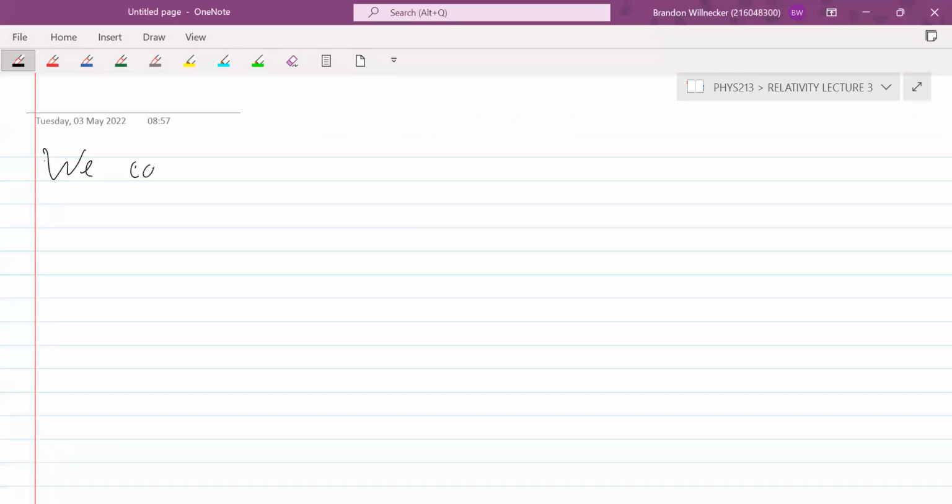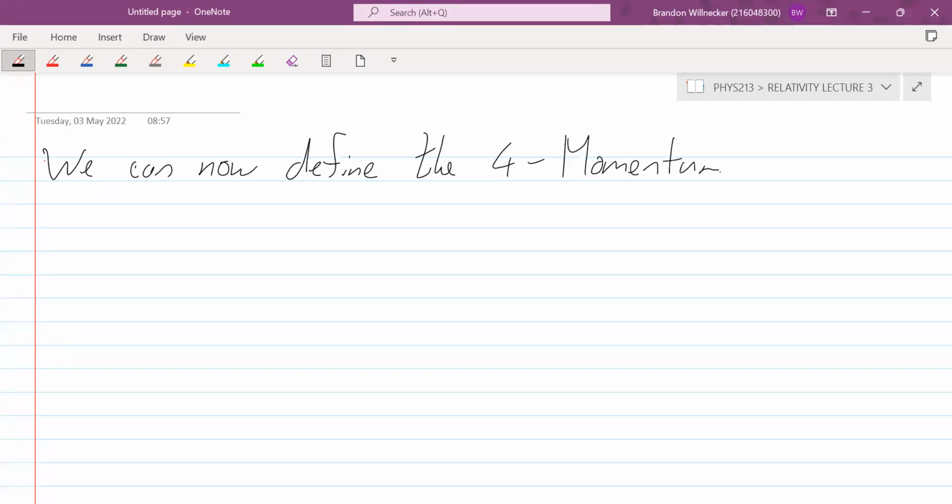Okay, so we can now define the 4 momentum. How do we go about defining the 4 momentum? Well, we've already looked at the 4 velocity, u.